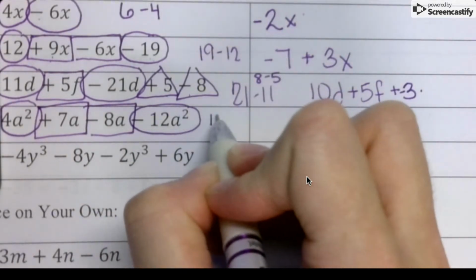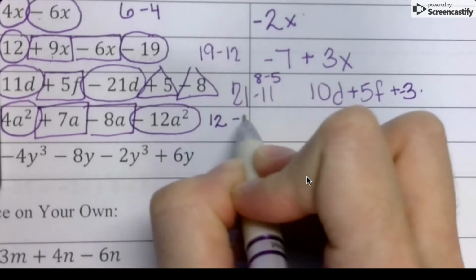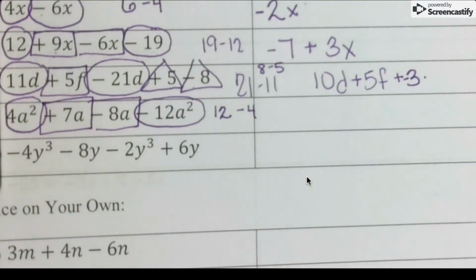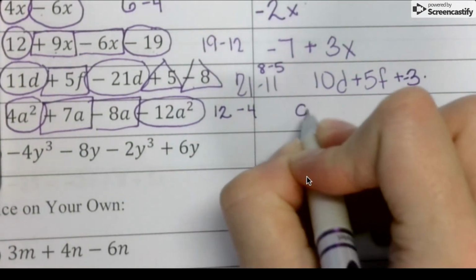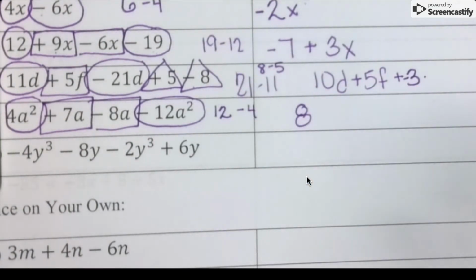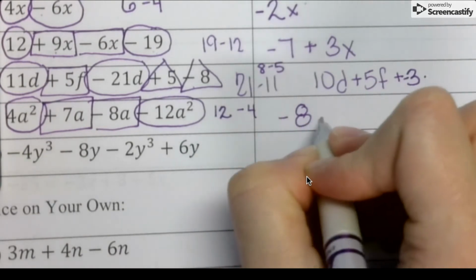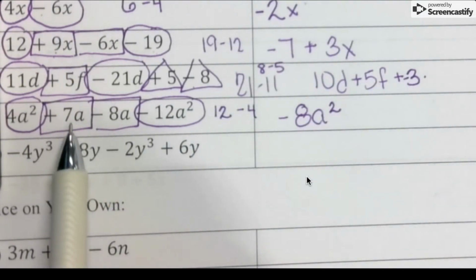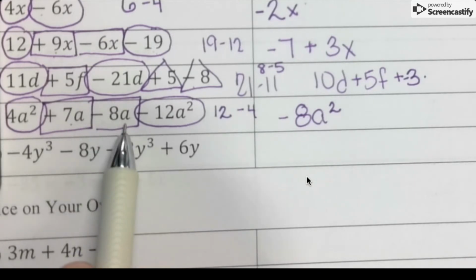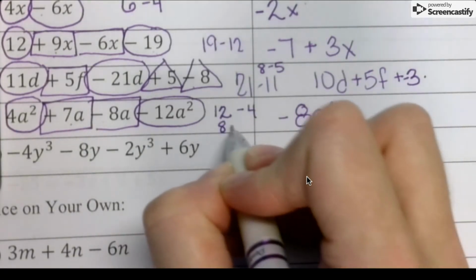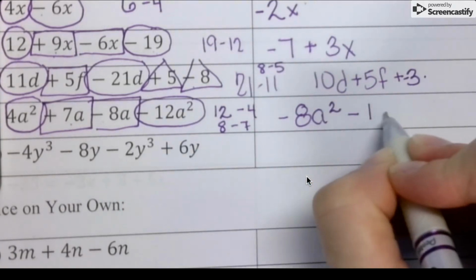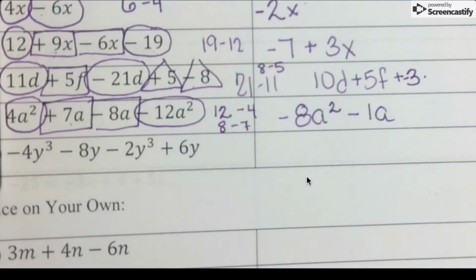So they are different signs. I'm going to do 12 minus 4. That is positive, right? That gives me 8. And is 12 or 4 farther from 0? 12. So that's negative 8a squared. And what is 7 minus 8? Well, that's 1. 8 is farther from 0, so that's negative. And you can just add your little old a.